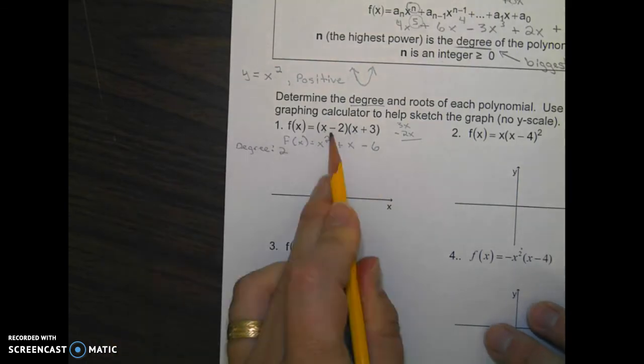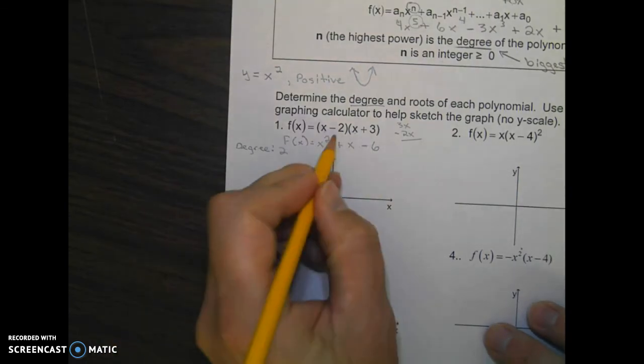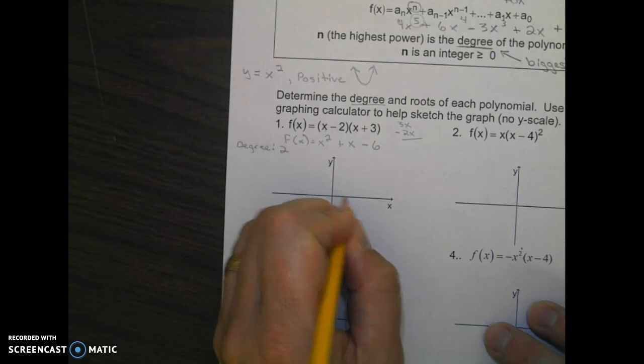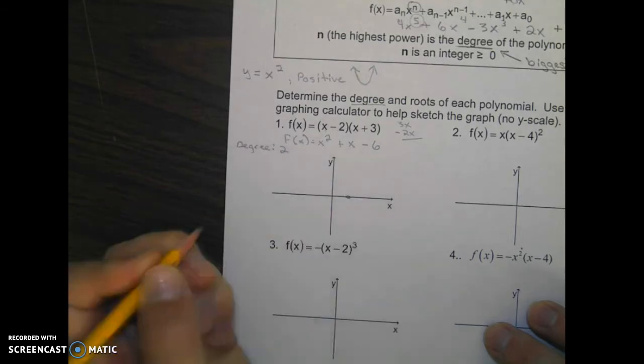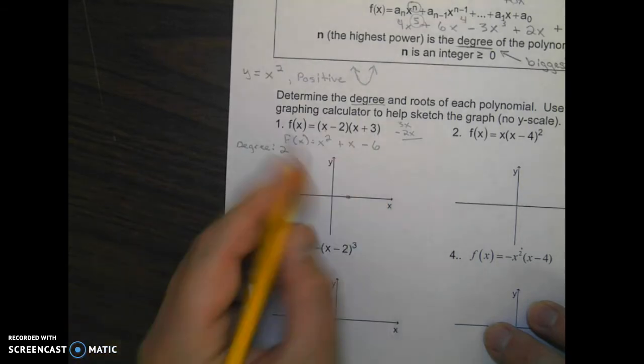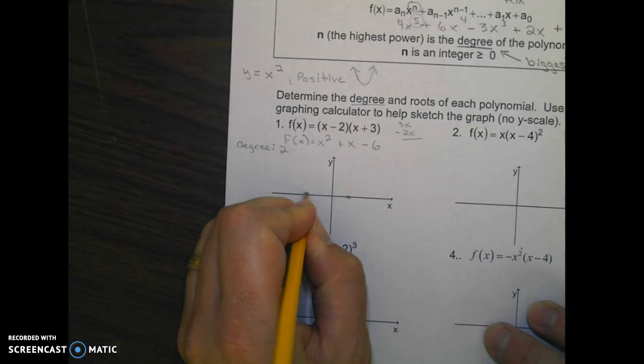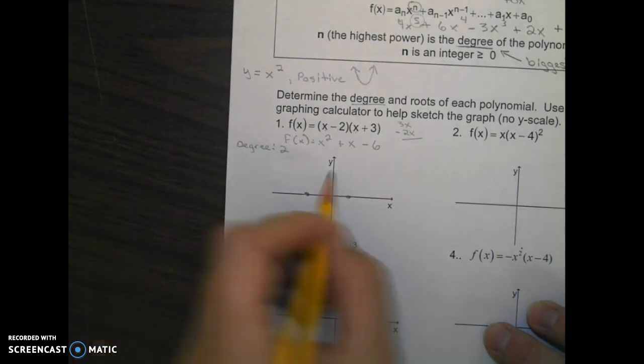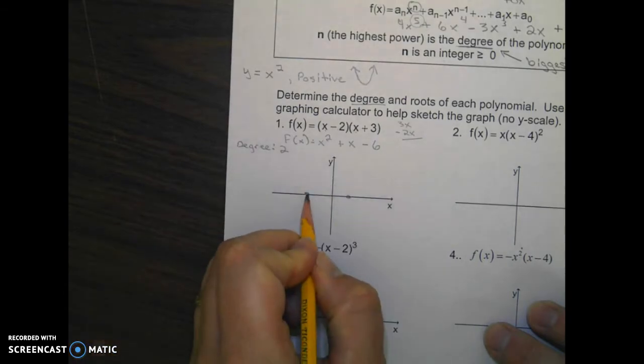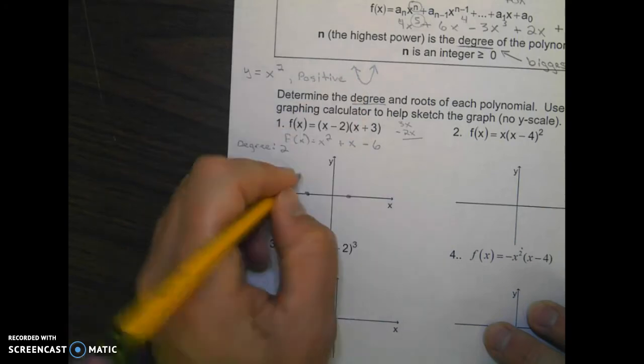So finding the roots, we know how to do this. We have a root of 2 and a root of negative 3. So the first thing we do is we plot the roots, and then we know it's going up on both sides.